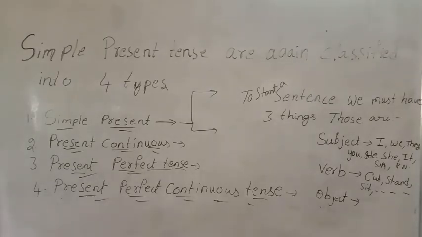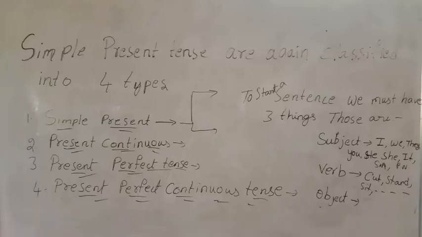You represents the second person, and next third persons: he, she, it, and the remaining singular nouns can be treated as third persons. So for every sentence we must have a subject. Subject is necessary for every sentence. So to start a sentence, the first thing we must have is a subject.